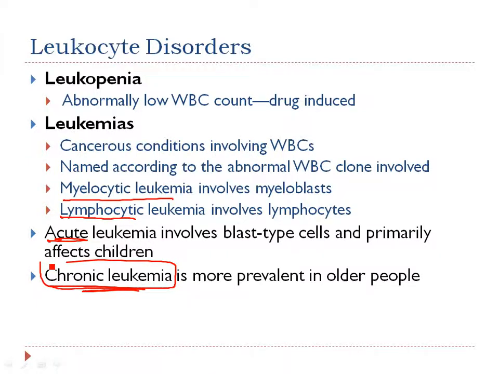Maybe the cells are not dividing as quickly as they do in the cases of acute leukemia. And yes, they may ultimately be fatal, but probably is going to take a longer time for them to become fatal in general. Chronic leukemias are more prevalent in older people. Acute leukemias are more prominent in children and younger adolescents.